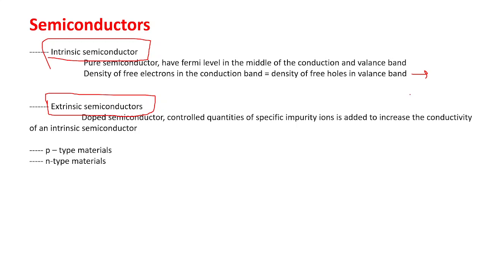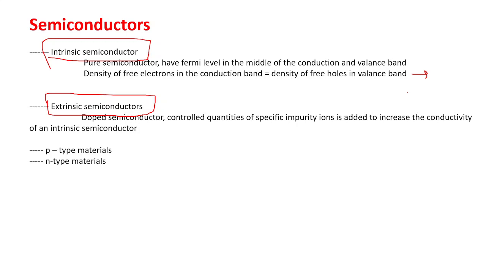Then we come to the extrinsic semiconductor. What happens in extrinsic semiconductors, and why do we need them? In any case, we need to enhance the conductivity of our material, especially of the intrinsic semiconductor. We dope these semiconductors with an external material, another element, and we call these impurity ions.